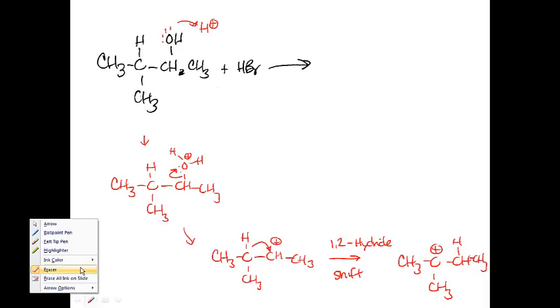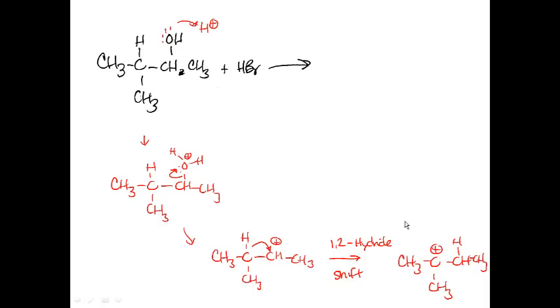And then that more stable tertiary carbocation is what the Br minus is going to add to, so it's going to come in and add here. So I'm not going to get the product where I've directly substituted the Br for the OH. Instead, I'm going to get a rearranged product, which I didn't want.